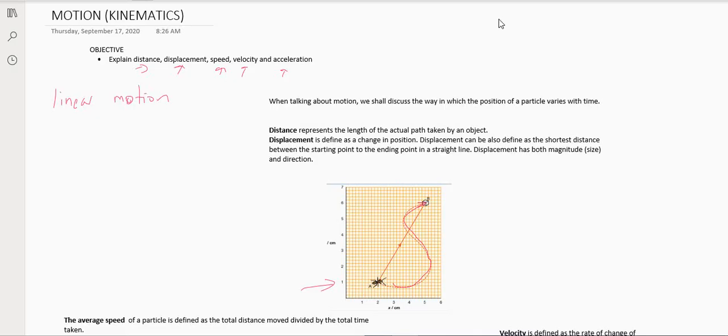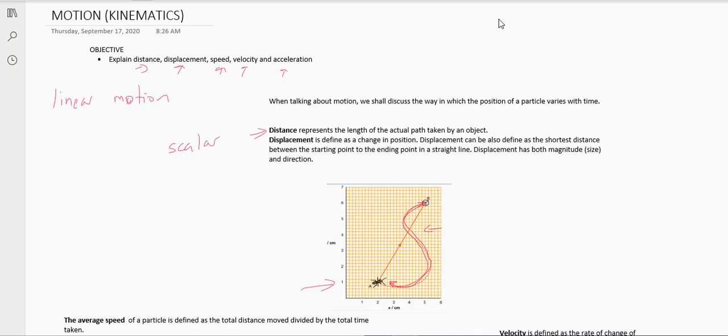Now, if we remember from fifth form, or even when we're talking about scalar and vector quantity, we know that distance should be a scalar quantity. The reason behind that is that when we look at the example here, it is so hard for us to get a direction in which this ant is actually moving.